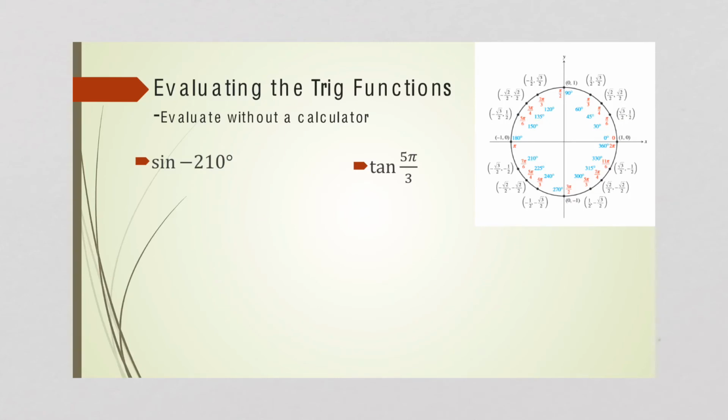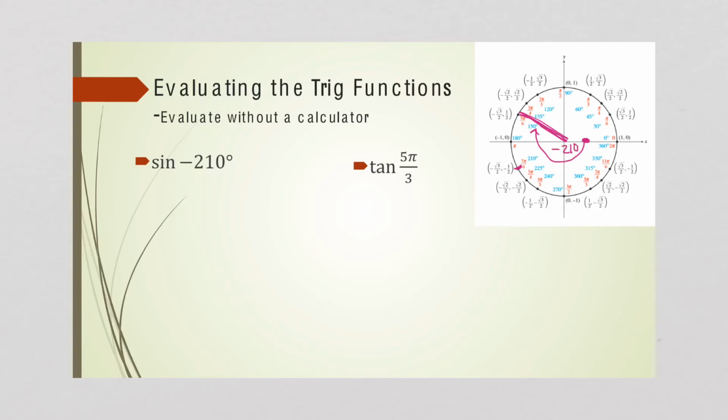Here we have the sine of negative 210 degrees. So I take a look at my unit circle, and I start going around negative 210. Well, if I go positive 210, I end up over here, which means if I go negative 210, I should end up over here. So here is my negative 210 degrees.